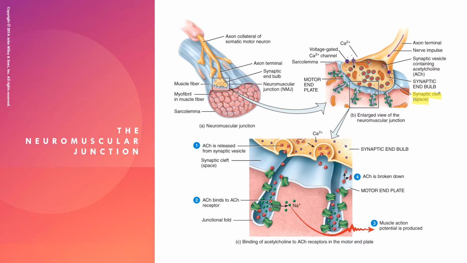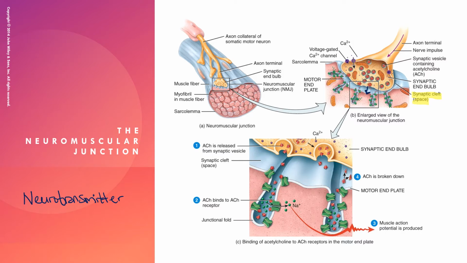Instead, the first cell communicates with the second cell by means of a chemical messenger, which is called a neurotransmitter. We did briefly talk about this in the last slide, but this neurotransmitter is able to bridge that gap and go from one cell to the other.